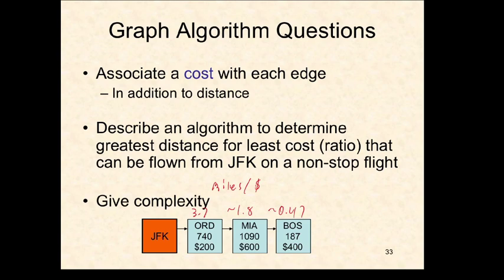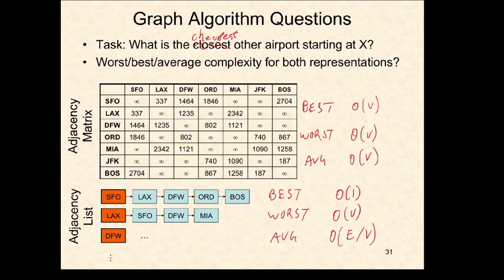Okay, so it turns out in terms of complexity, this one's going to be really similar to something we did earlier. When we looked at trying to find the closest airport or the cheapest airport, we had to look through every possibility before we knew which one was best.